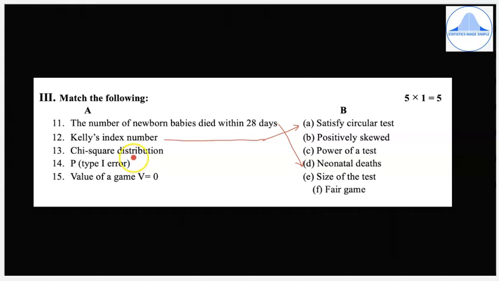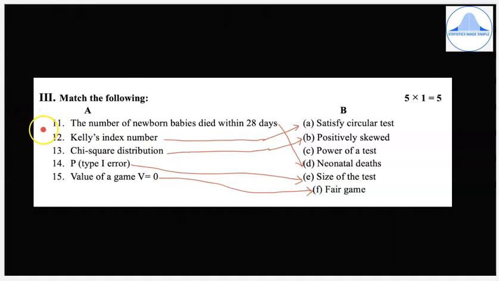The chi-square distribution is a positively skewed distribution. The probability of type 1 error is called as the size of the test, and whenever the value of a game V is equal to 0, it is called as a fair game.